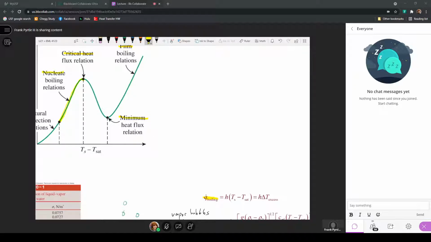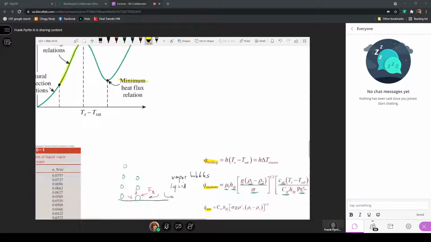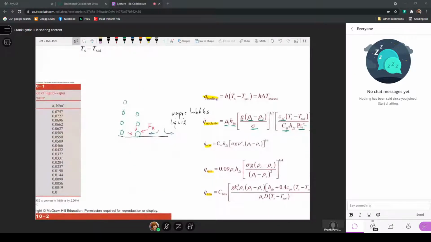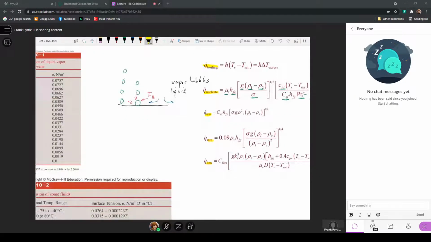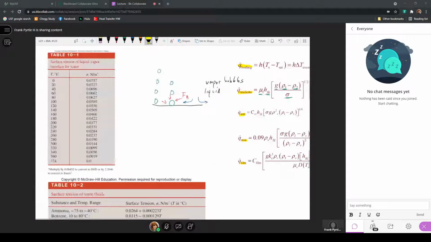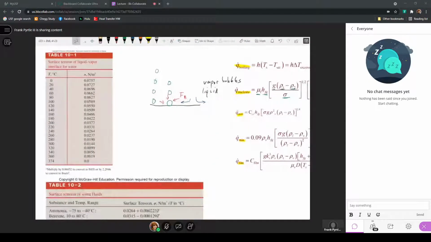So if we want to determine what the critical heat flux is for a particular fluid, then here we just would use another expression for the determination of that heat flux, where it's going to include the density of the liquid and the vapor phases, gravity, the surface tension of the fluid, the latent heat of vaporization, and this C sub CR, another expression of an experimentally determined quantity.